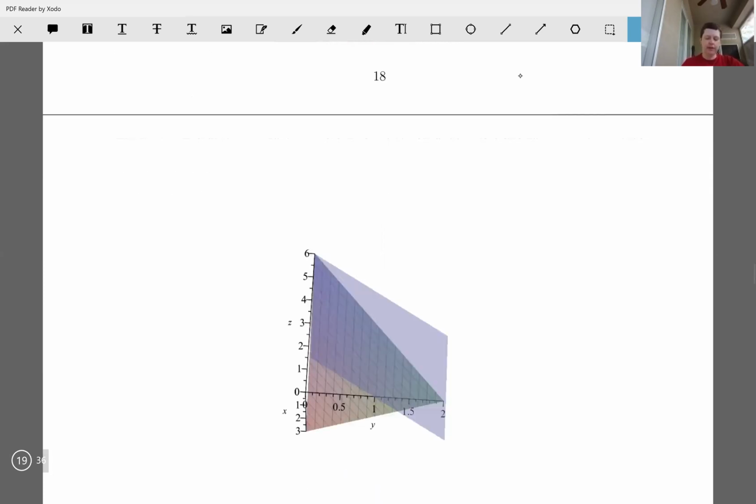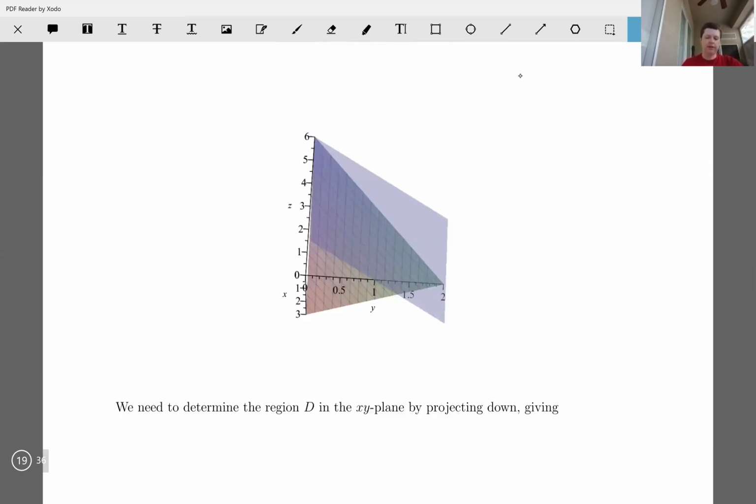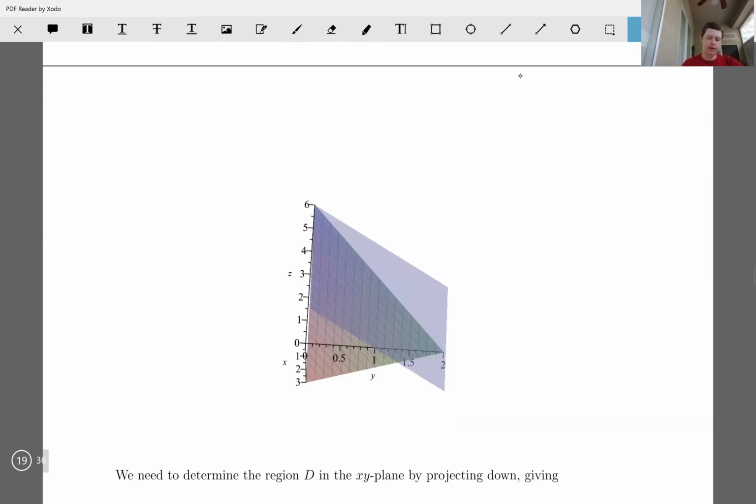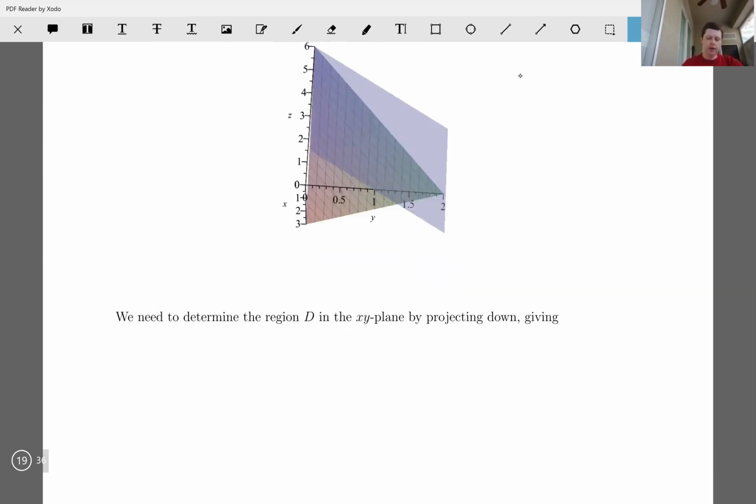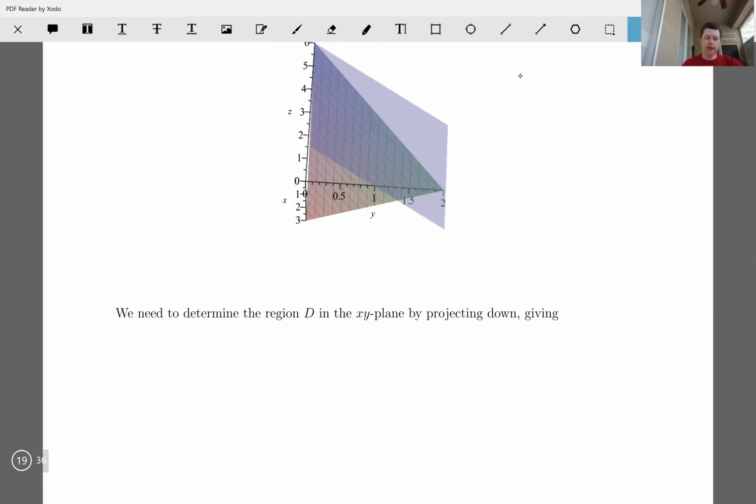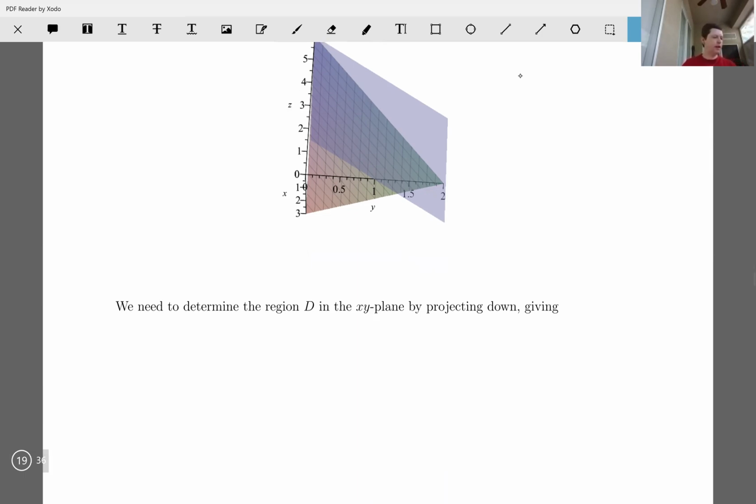A sketch of this is here. We need to determine the region D in the xy-plane by projecting down, and if we project down, we're going to get a triangle. So let us draw said triangle.